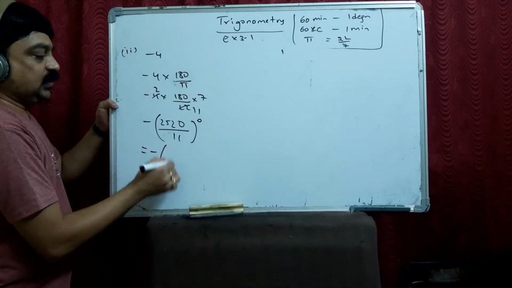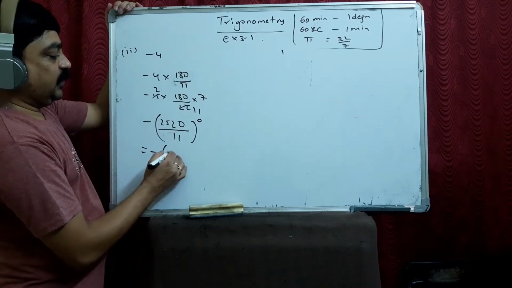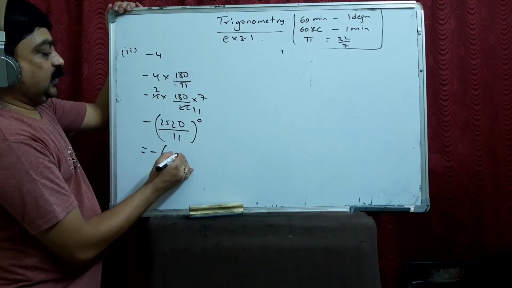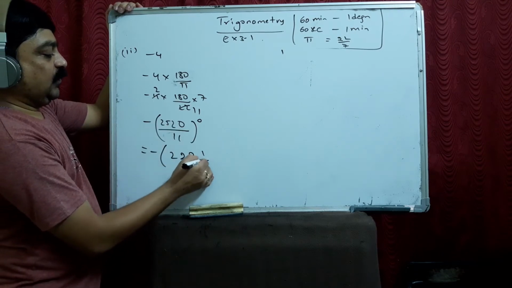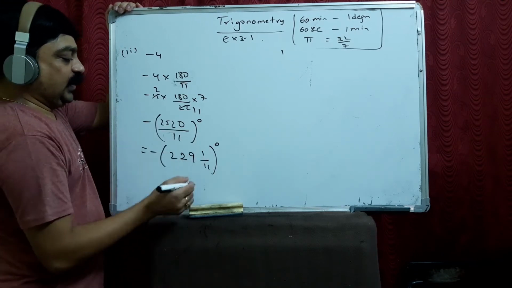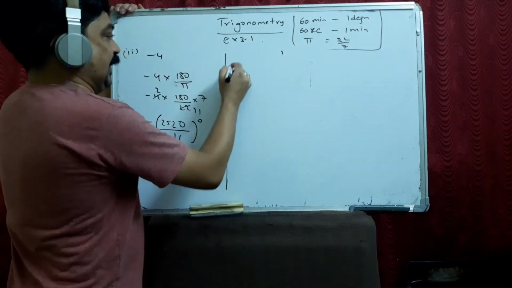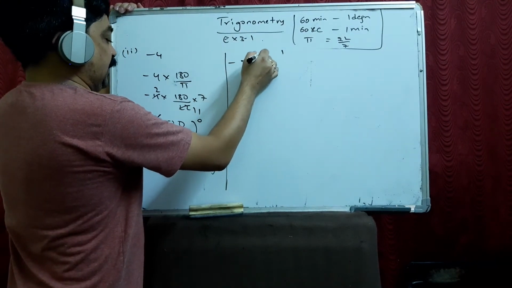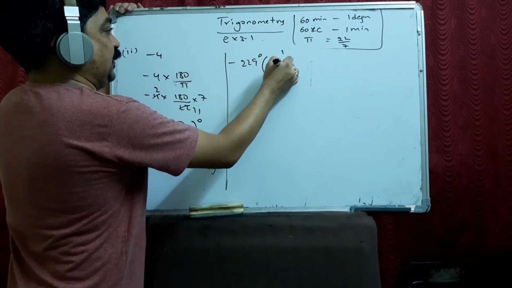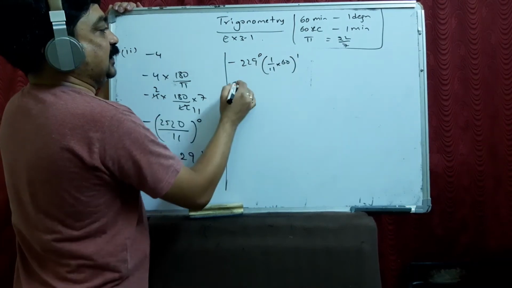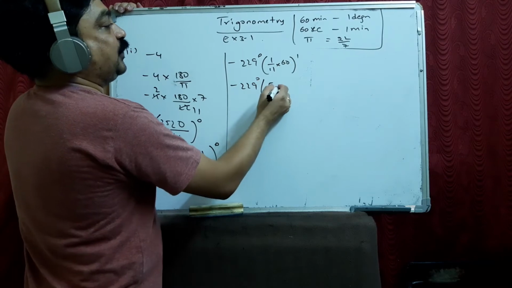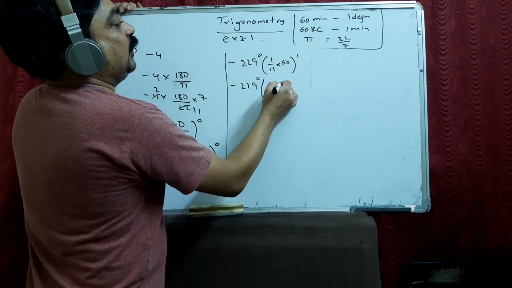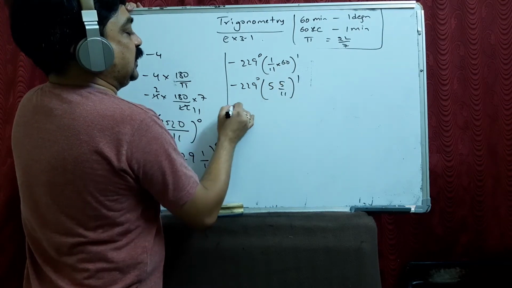So let us convert into a mixed fraction. 11 times 2 is 22, and again 11 times 2 is 22, which gives 229 and 1 by 11 degrees. Now you can write it as minus 229 degrees and 1 by 11 into 60 minutes, which is 5 by 11 minutes.